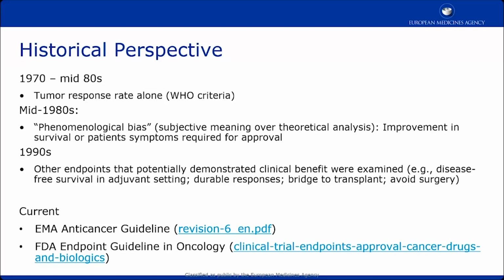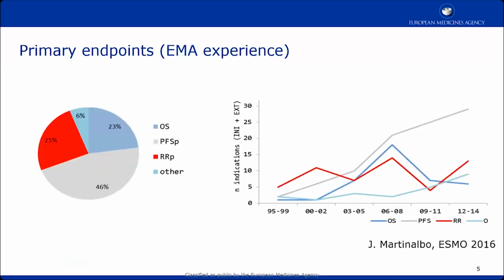But in this talk, I will not go into every detail of what this guideline lists, just present a few concepts, and always remember that these are the two documents that you want to go back to really get a comprehensive view on the topic.